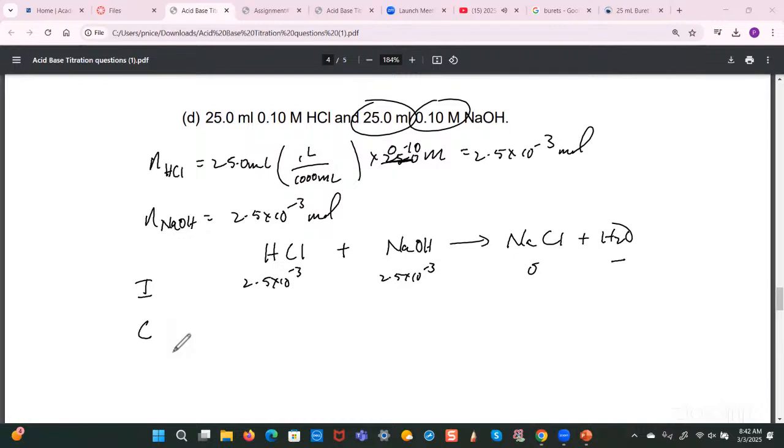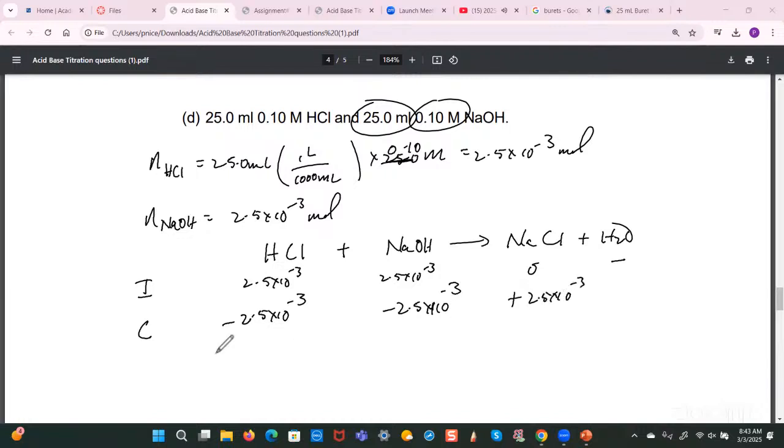Where the amount of sodium hydroxide will react with exactly the same amount, mole-wise, of the hydrochloric acid. So what does that mean for the change? The change would be minus 2.5 times 10 to the minus 3 for both the sodium hydroxide and the hydrochloric acid. By the way, just checking my sig figs. Okay, my sig figs are right so far. Times 10 to the minus 3. And here the change for the sodium chloride is going to be plus 2.5 times 10 to the minus 3.